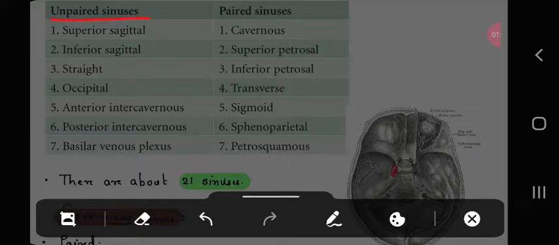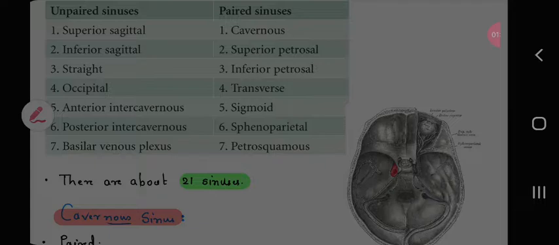Unpaired: superior sagittal, inferior sagittal, straight sinus, basilar venous plexus, posterior intercavernous sinus, occipital sinus. And the remaining are the paired sinuses: cavernous sinus, superior petrosal, inferior petrosal, transverse, sigmoid, sphenoparietal, petrosquamous.